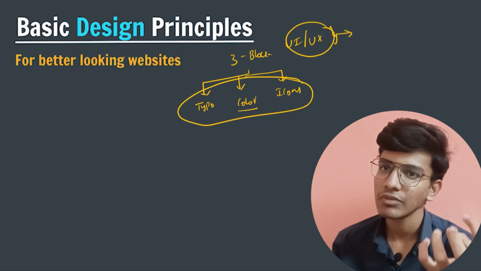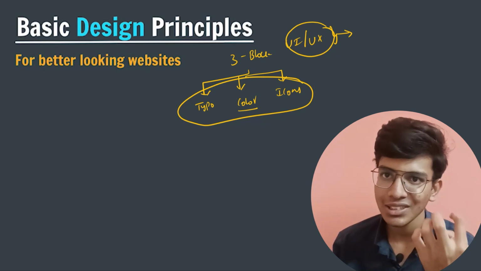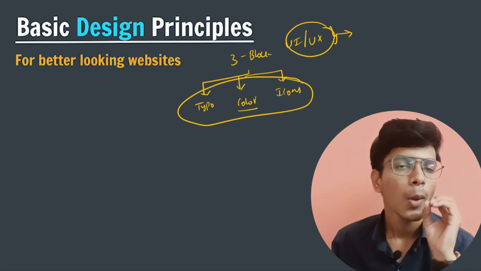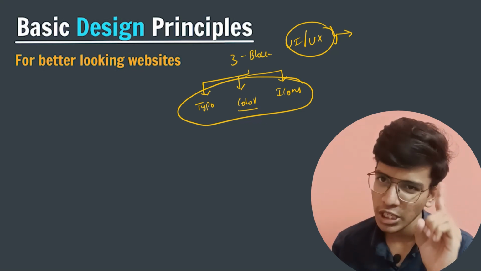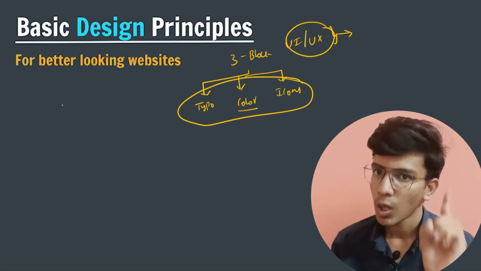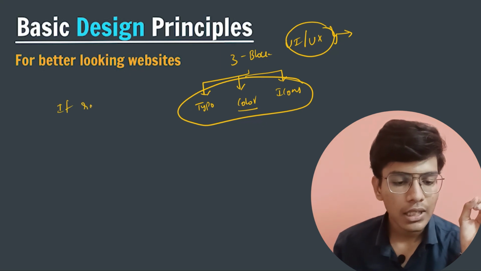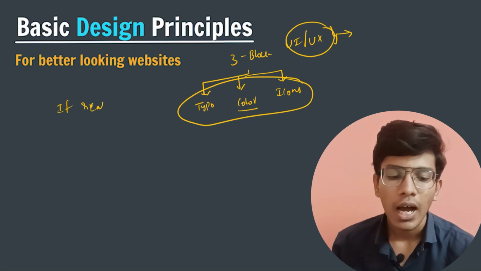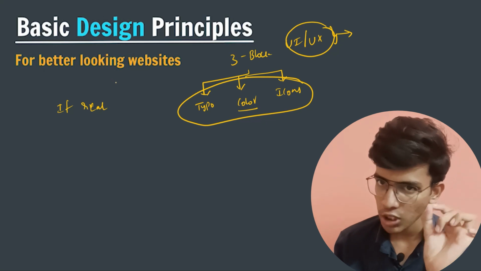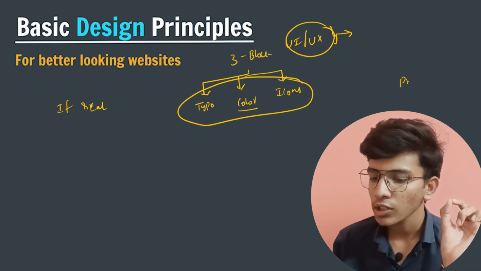Okay, now before we talk about designing, before we talk about what is color and what are the colors that we should use and how these colors affect our platform, you need to keep one thing in mind, which is if you are going to build a real-time website. I'm not talking about a project.